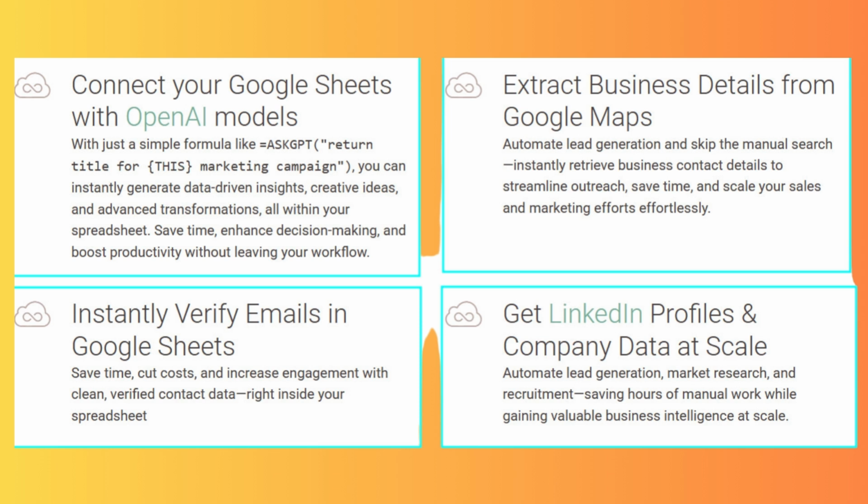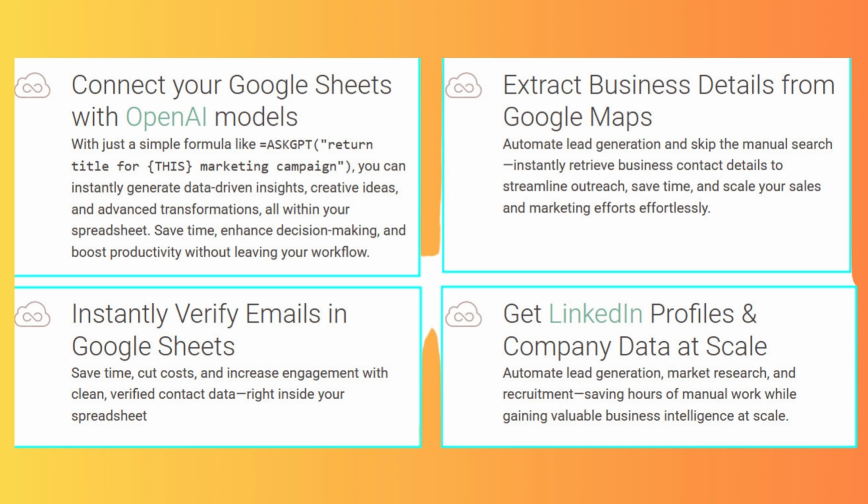These are a few examples of current AI research agents for Google Sheets. OpenAI API models with a simple formula generate a lot of decision making when combined with Google Sheets.